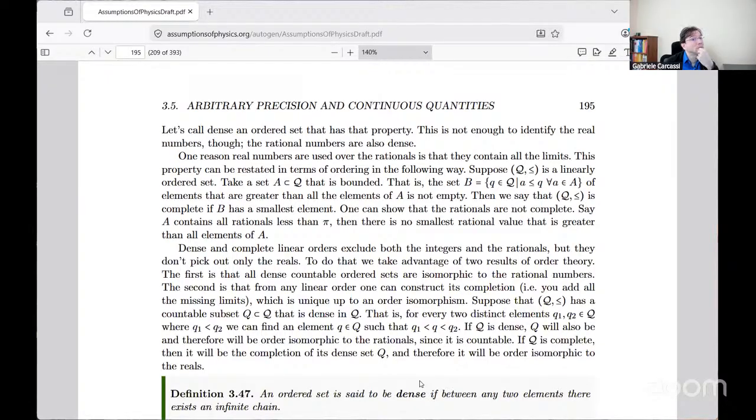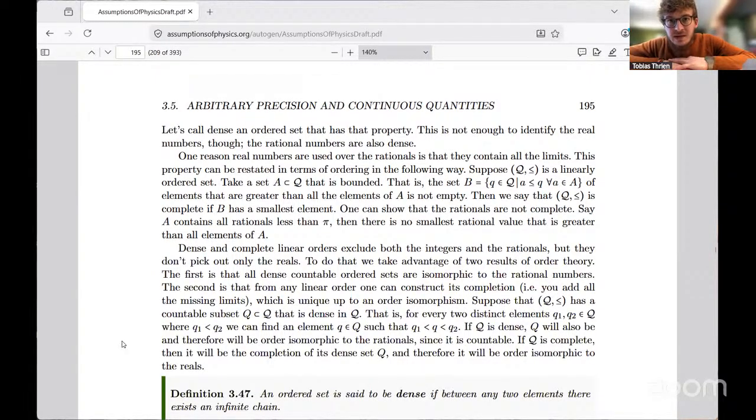You have upper bounds, but you do not have a supremum. The supremum is the lowest upper bound. So we don't even have the supremum. Because the supremum would be the real number pi, which is not there in the rationals. I see. Okay.